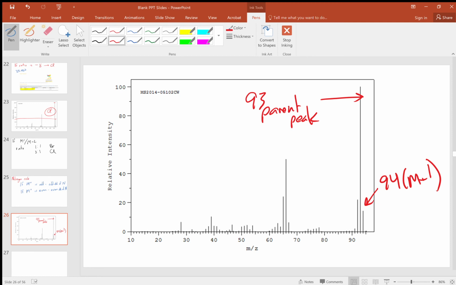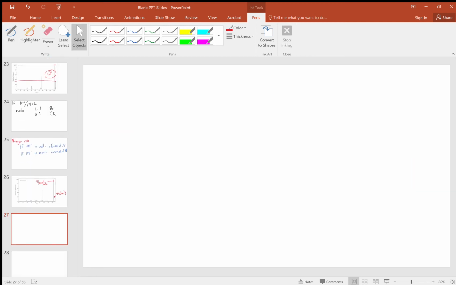But what could we do with this one? Well, we know the parent peak is 93. Given that that's odd, we know it has an odd number of nitrogens. So here's the first guess we're already going to take: 1 nitrogen, 3, 5.